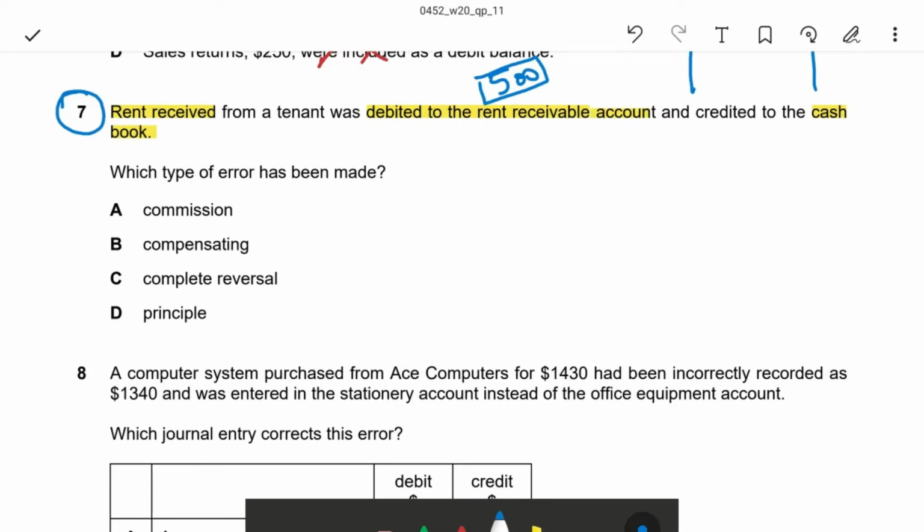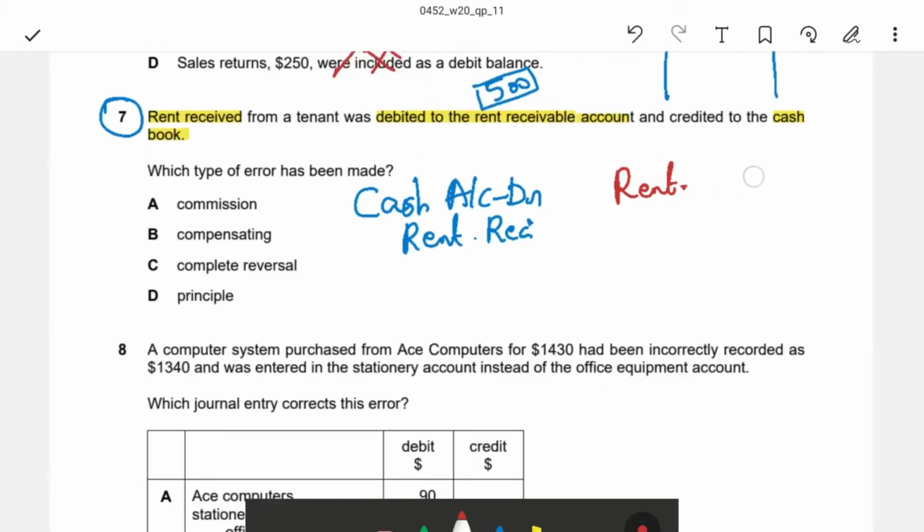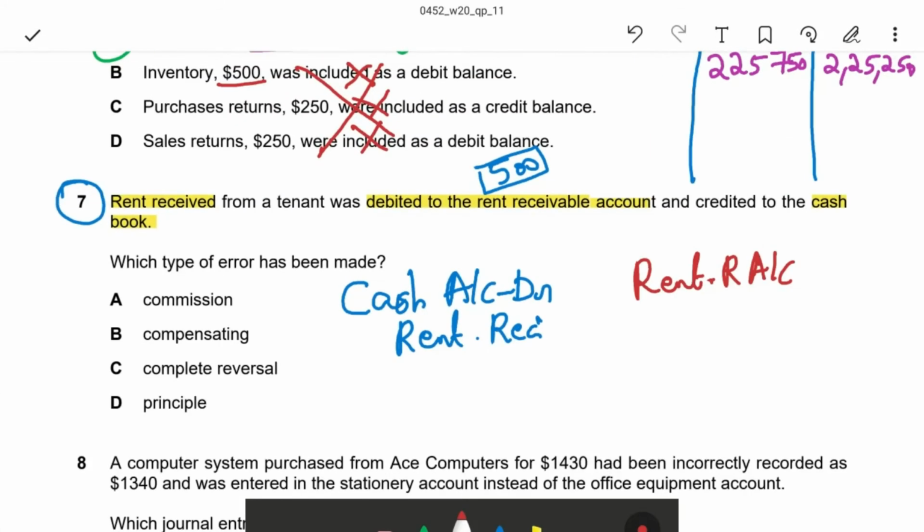So the correct transaction is cash account debit and rent received credit. But by mistake, rent received account is debited and cash is credited. This is the opposite transaction.